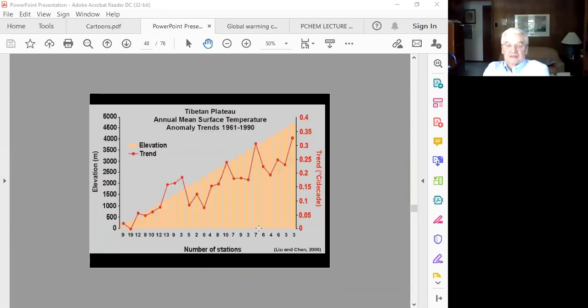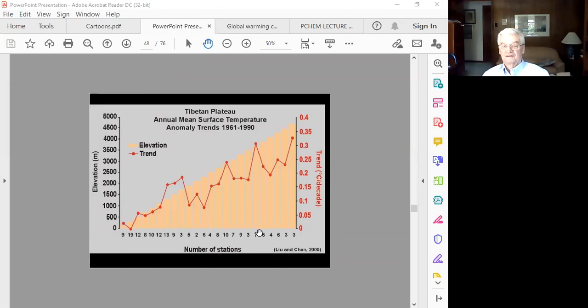One thing that Lonnie Thompson liked to talk about is that glaciers probably suffer more from warming than areas at lower altitudes. They're more sensitive to temperature changes, and sometimes you get larger trends at higher elevations. I think that's what is shown here.